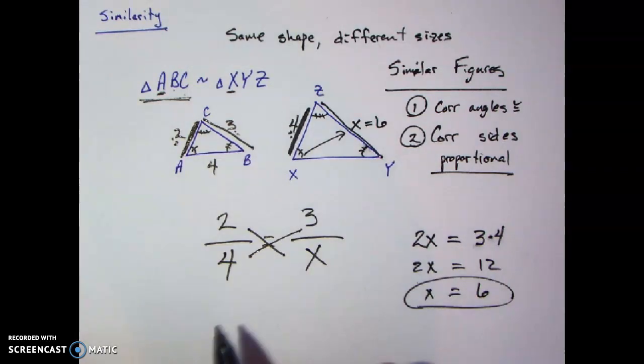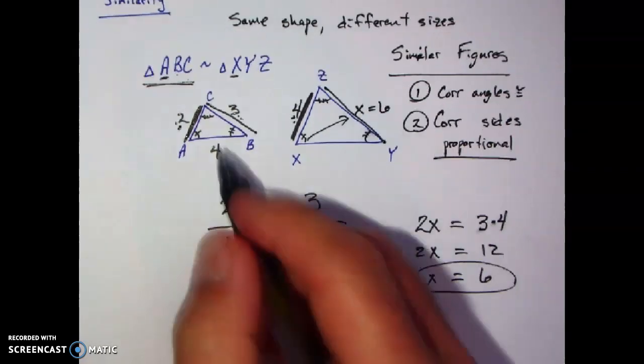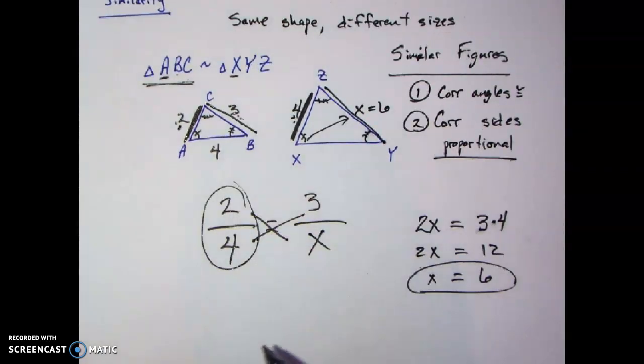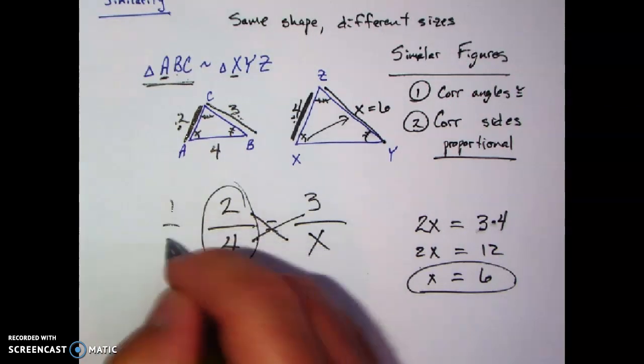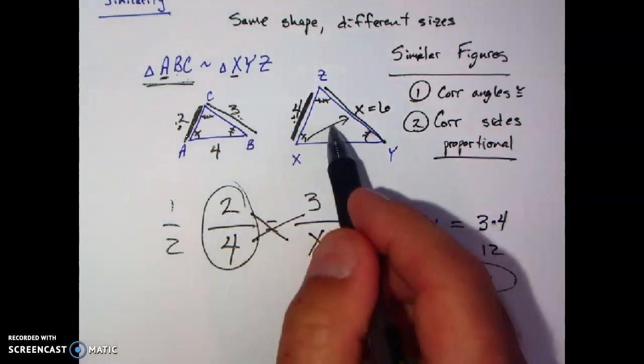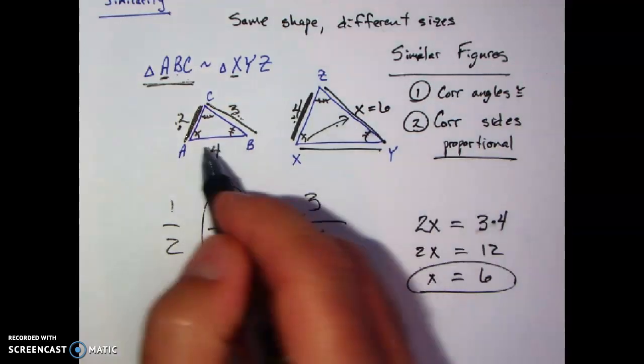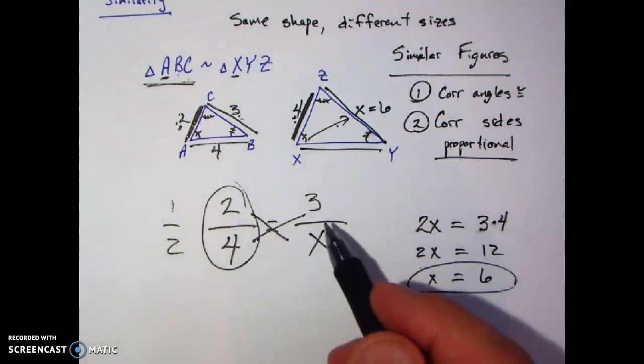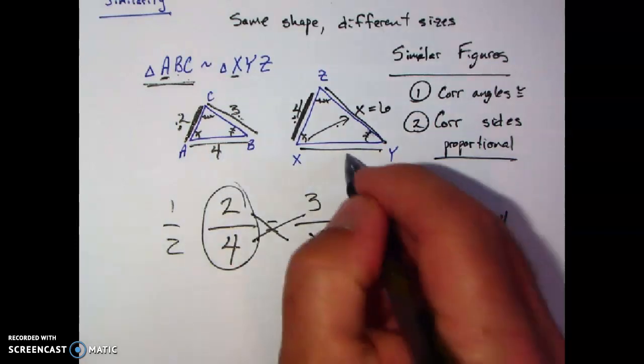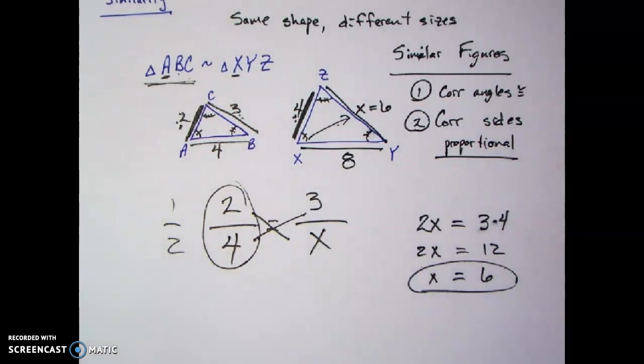We would say that that is our scale factor. This triangle is twice as big as this one. So this side, which corresponds here, we would also be able to find by taking it times 2. We would find that that side would be 8.